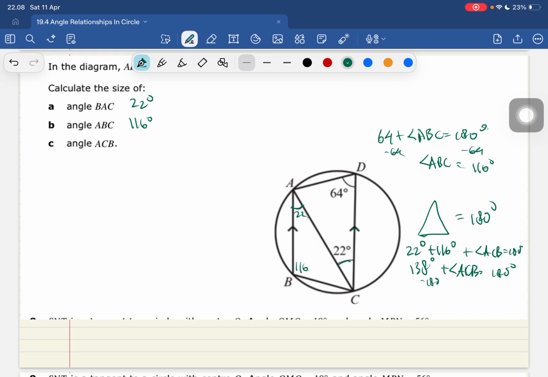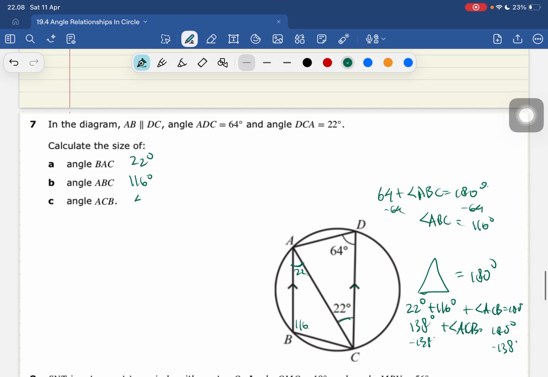We minus 138 from both sides. So we will get ACB equals 42 degrees.